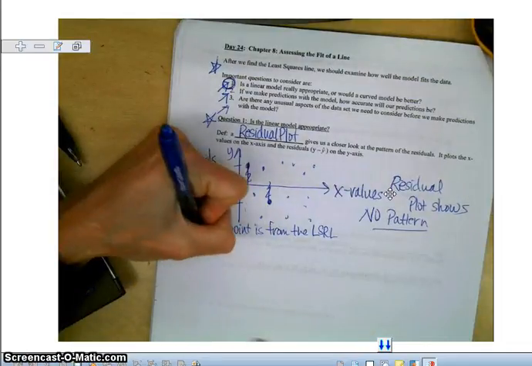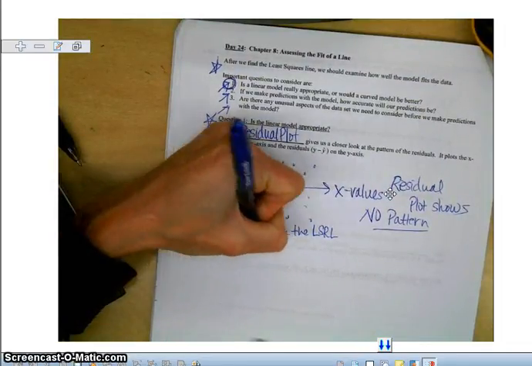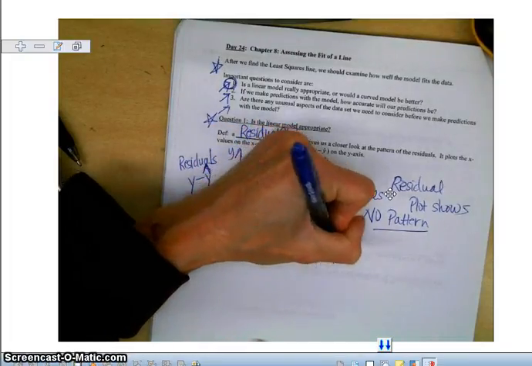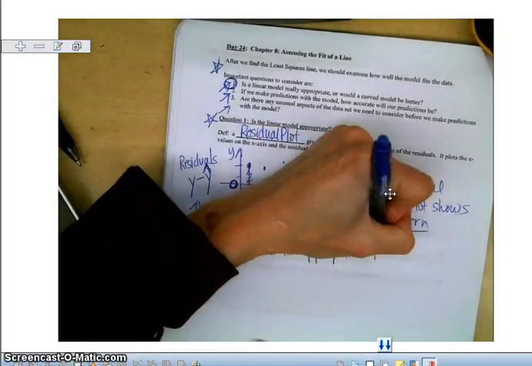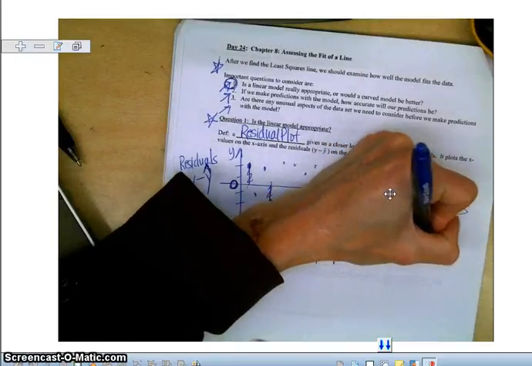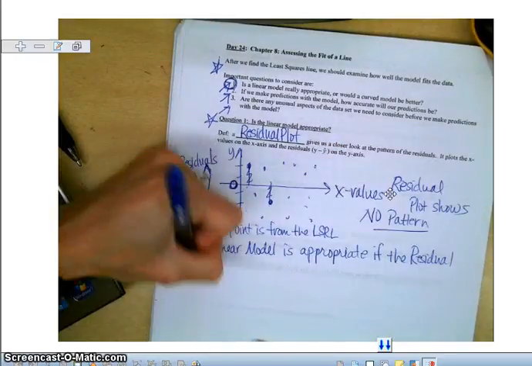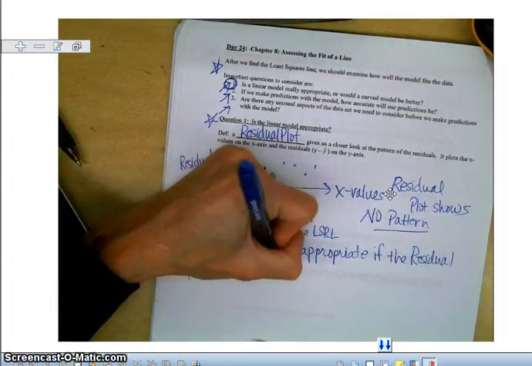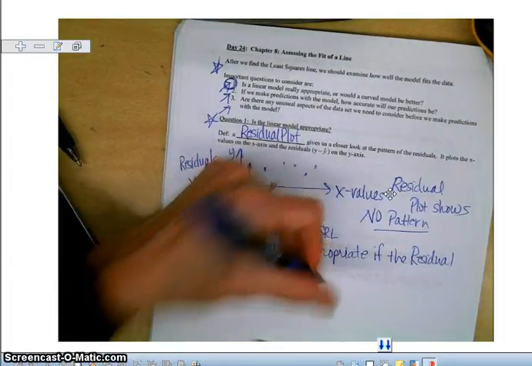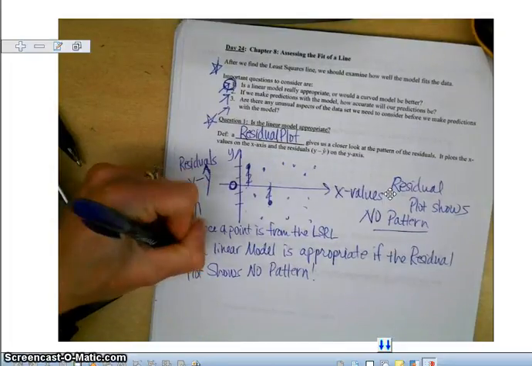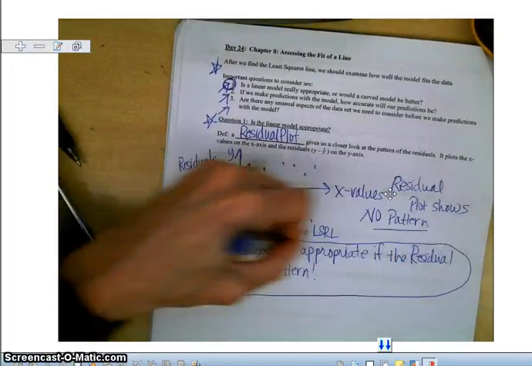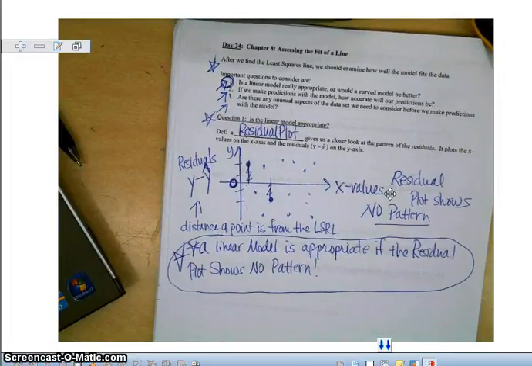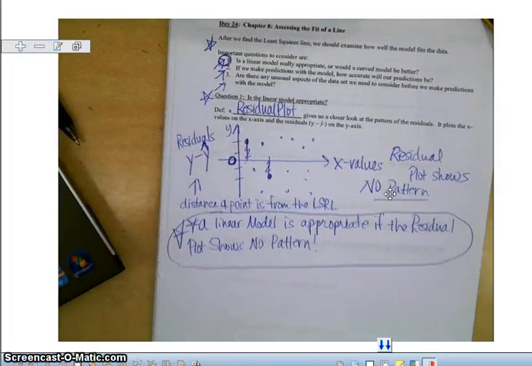So what you need to write down here is a linear model is appropriate if the residual plot shows no pattern. A linear model is appropriate if the residual plot shows no pattern. This is the only way that you can be sure that you should use a least squares regression line to predict values.